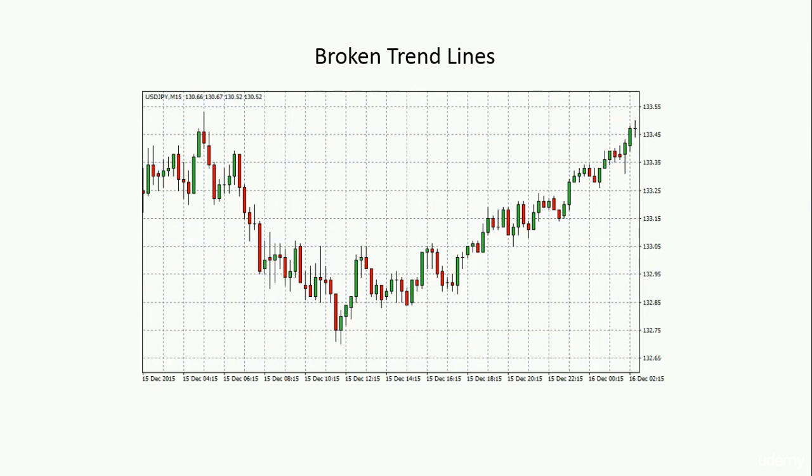But how can we differentiate between fake breakouts of trend line and the real ones that result in trend reversals? The short answer to this question is that you cannot, at least not with 100% certainty. But there are indications that could tell that a reversal might occur.